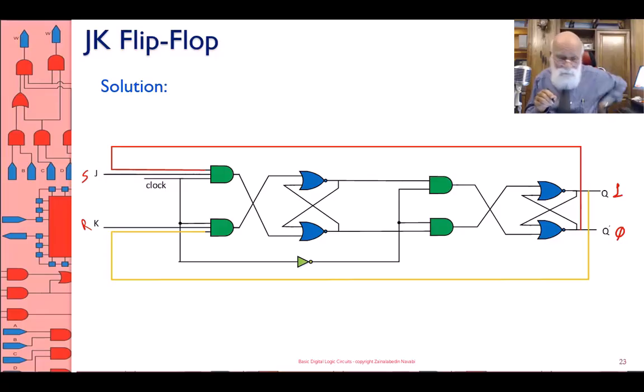And if it is set, the set input, there is no use for the set input, right? I mean, if it is set, that means the output is 1. What does the set input do? It sets the output to 1. But then, if it is set, it cannot be set any more than what is already set.